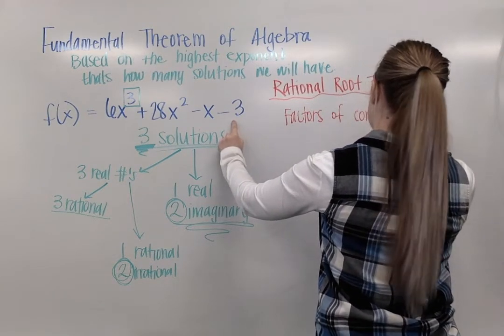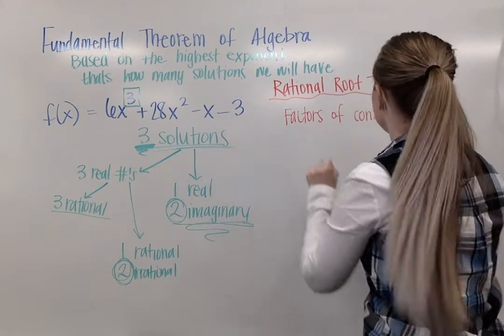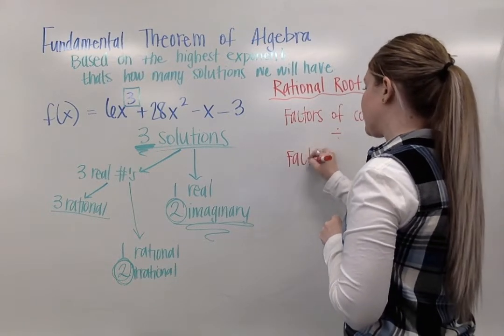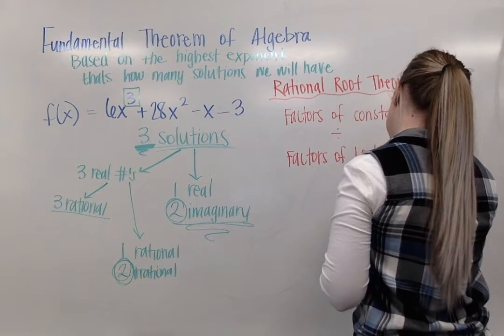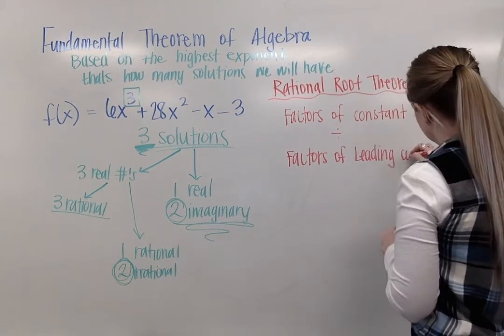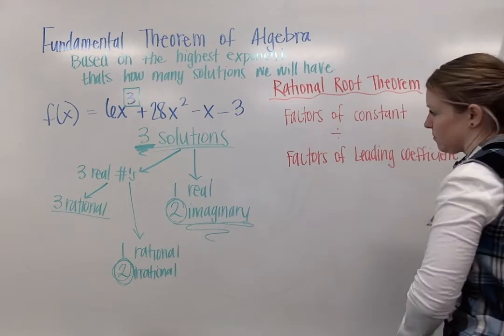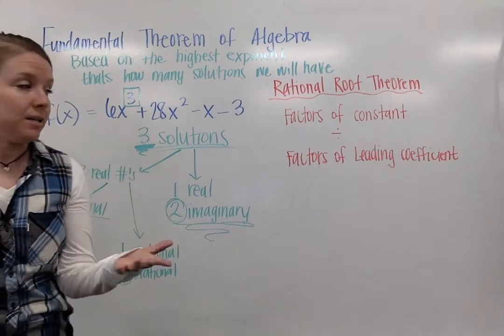So the constant is always the number without the variable. We're going to take the factors of the constant and we're going to divide those by the factors of the leading coefficient.